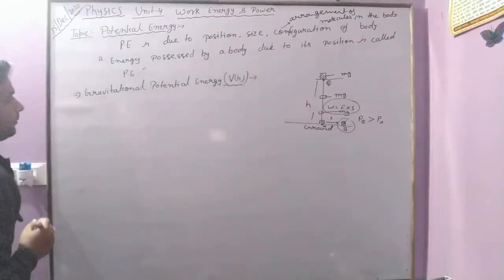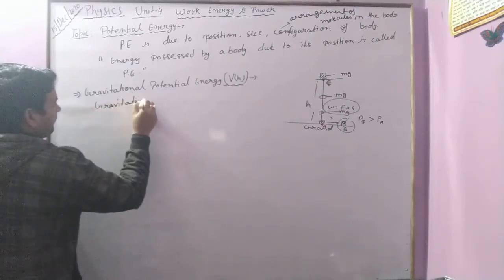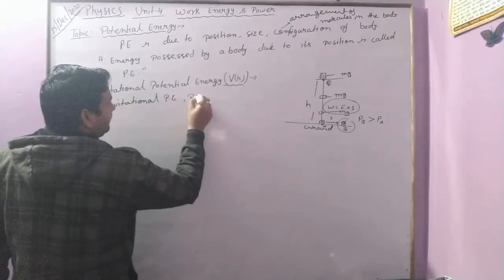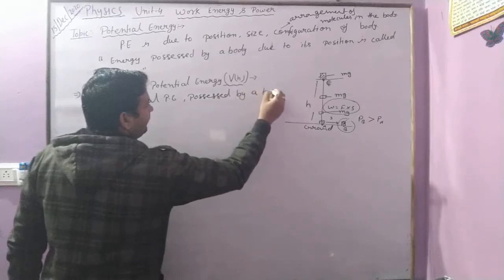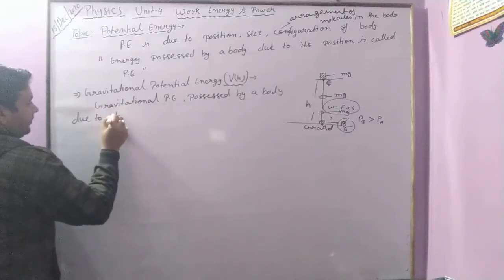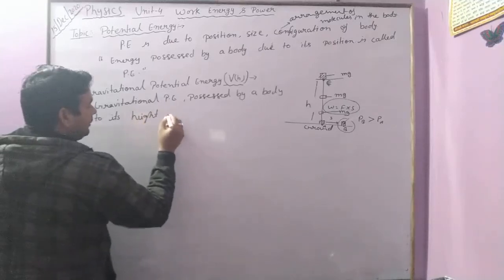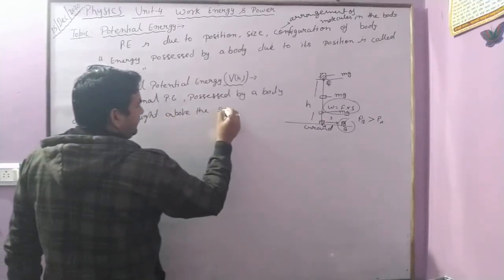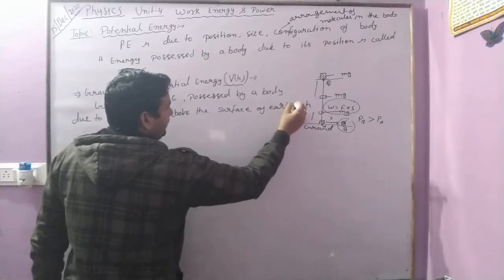Now, what is it? The gravitational potential energy possessed by a body due to its height above the surface of the earth.